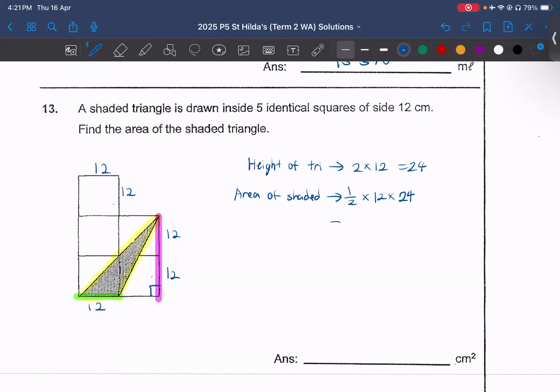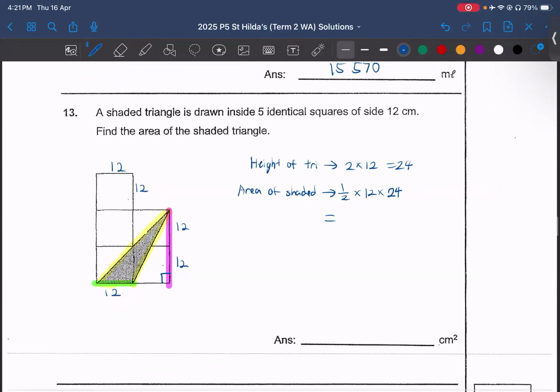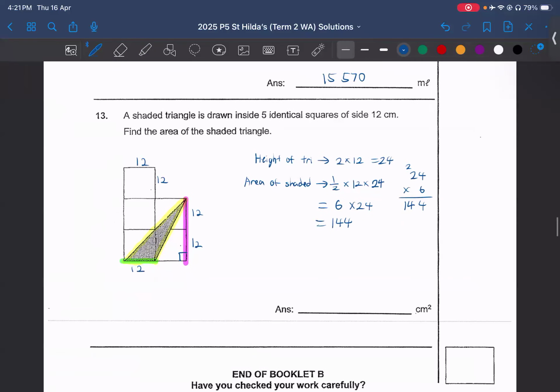Half of 12 is 6, so 6 times 24. Then you can do your column working, 24 times 6. 6 times 4 is 24, 6 times 2 is 12, then 12 plus 2 is 14. So 144. Your answer for this question will be 144 cm squared.